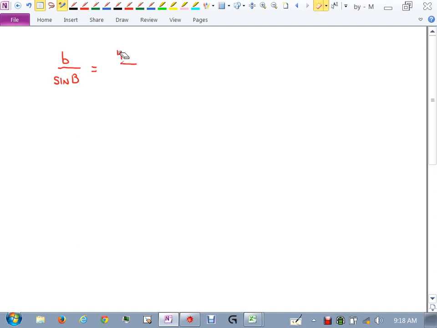4 over, well, let me put C over sine C. So here's what we get. B over sine of B. What was B? 60 degrees. Equals C, which was 4 over sine of, what was that, 40? Sorry. And now let's multiply both sides by sine 60 to clear it out on the left side.